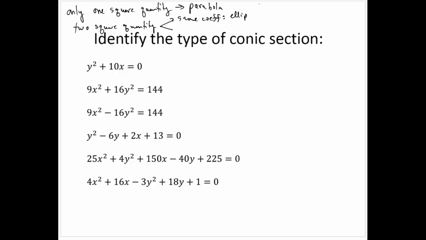I should say same sign. If there's the same sign on the coefficients, that tells you that it's an ellipse. Whereas if you have different signs on the coefficients, that would tell you hyperbola.